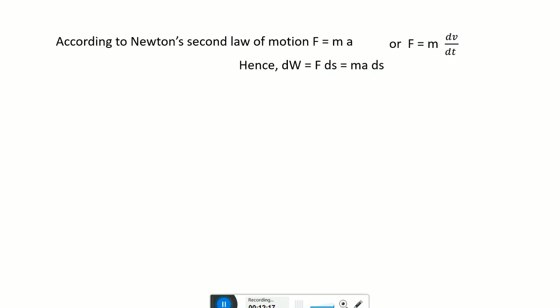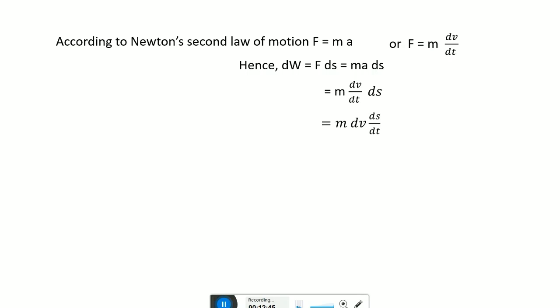Hence dW is equal to F ds, which is equal to m into a into ds, or m into dv by dt into ds. By putting value of a here, that is dv by dt, so we get m dv by dt into ds.